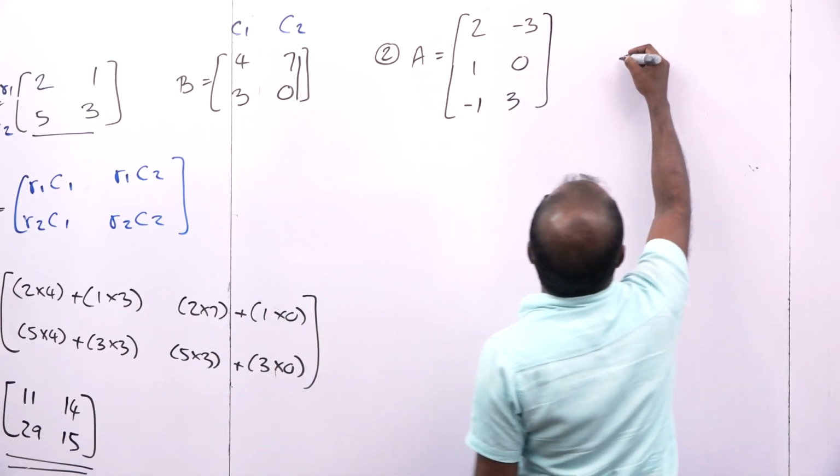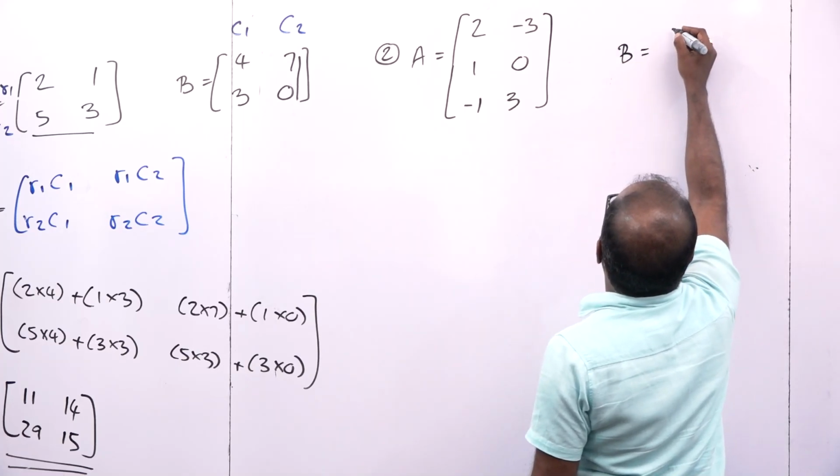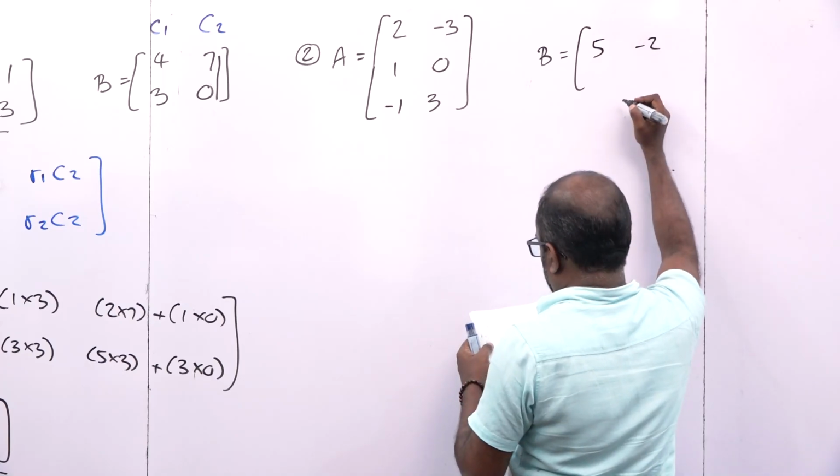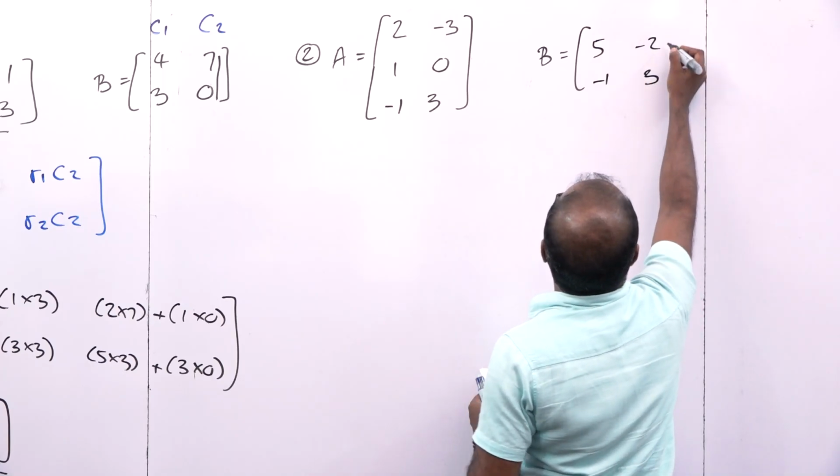Right, and matrix B: 5, minus 2; minus 1, 3.